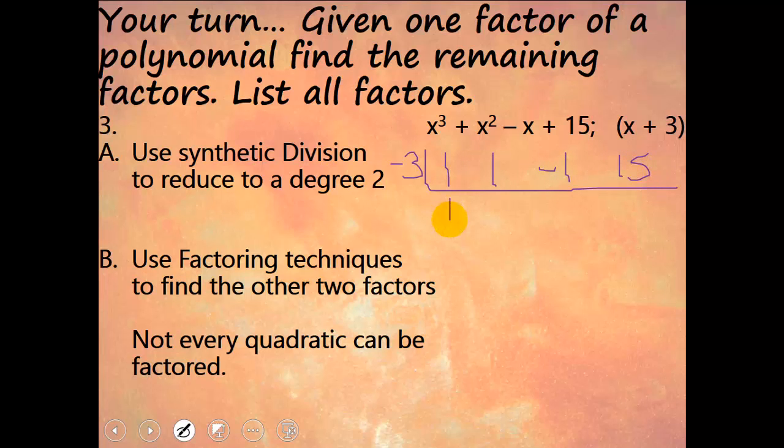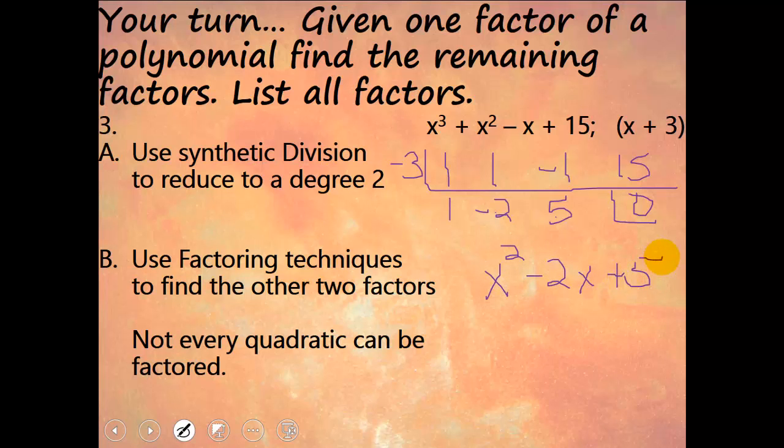I bring down my 1. 1 times -3 is -3. -3 plus 1 is -2. -2 times -3 is 6. 6 plus -1 is 5. 5 times -3 is -15. Plus 15 is 0. And so then I get x squared minus 2x plus 5.